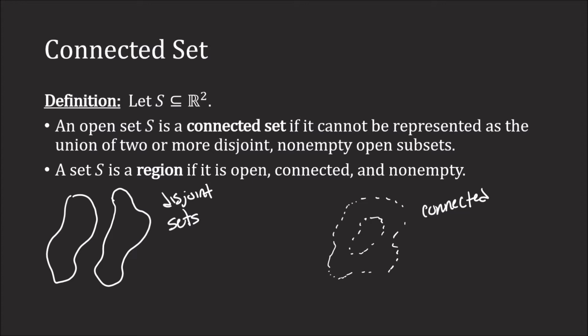This is contained within the larger circle. So if we call this S and this S1, S1 is completely contained within S. Even if I tried to represent this as S unioned S1, S1 and S are not disjoint, which means this would also represent a region.